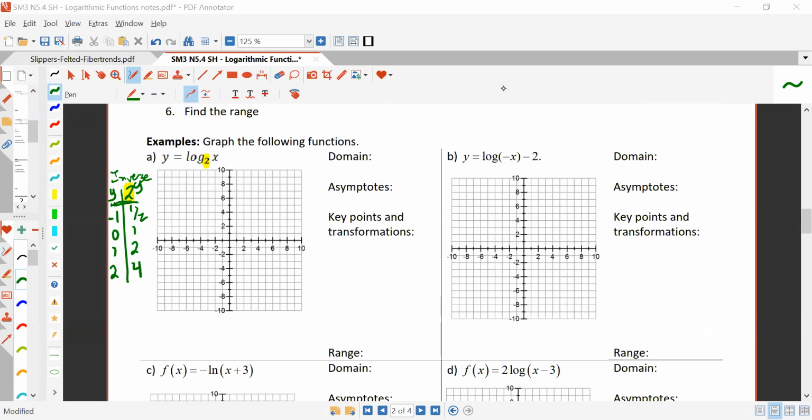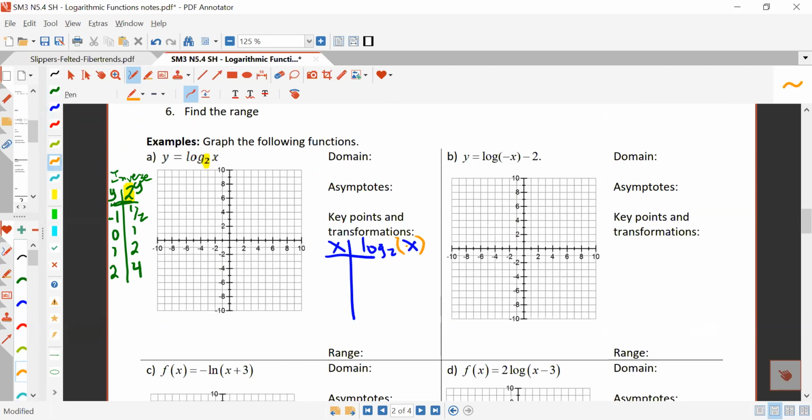Okay, so here we are, right? What am I doing over here? I'm building a table for my actual graph, x and log 2 of x. Notice I'm not doing any weird transformations. So this is a direct inverse.